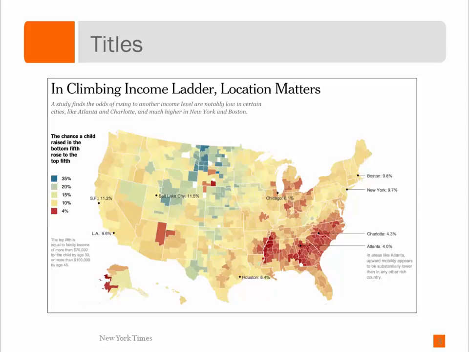And they include a little annotation there that says in areas like Atlanta, upward mobility appears to be substantially lower than in any other rich country. So that all makes sense. That fits our scale order.